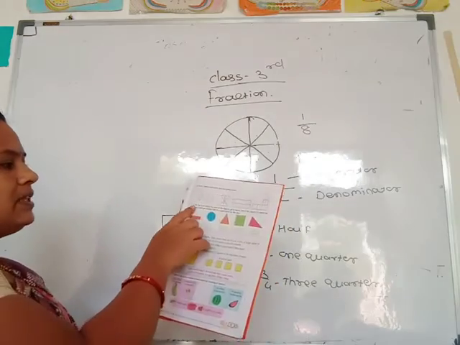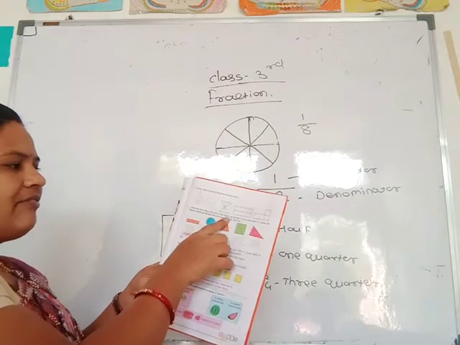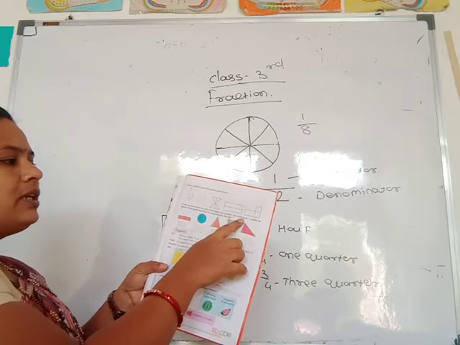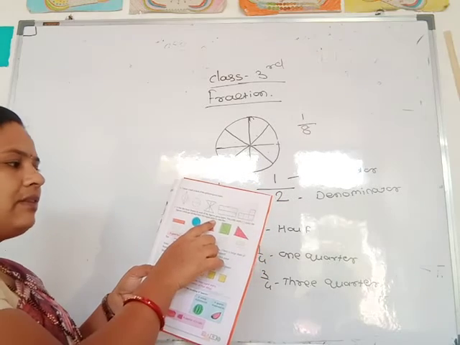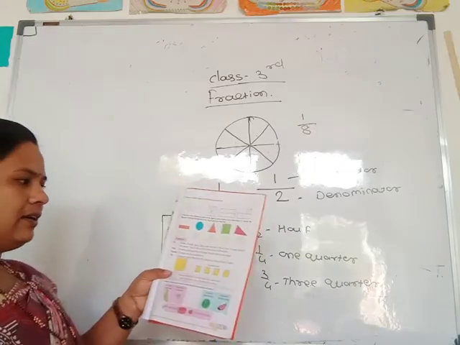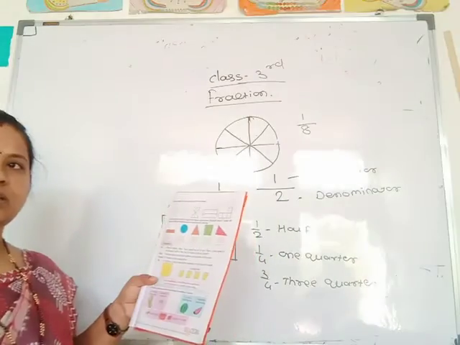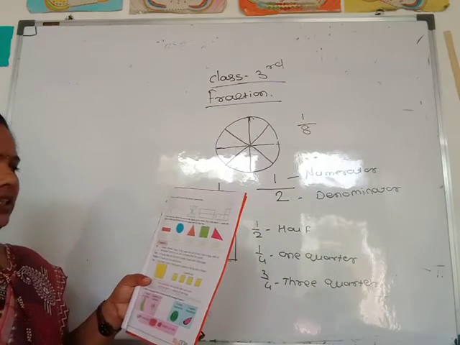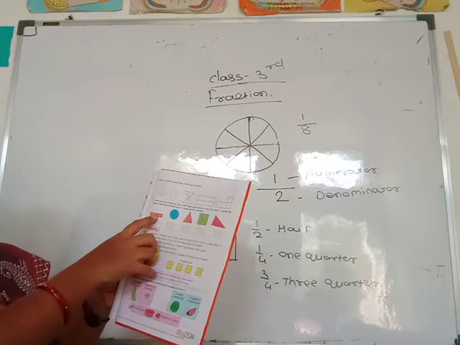Then the next picture, see here, a line has been drawn in each of the figures given below. Put a tick mark under the figures which get divided into 2 equal parts by that line. Here some pictures are given, and whichever is divided into 2 equal parts, only then you tick here. Then first one, see, are these 2 parts equal?